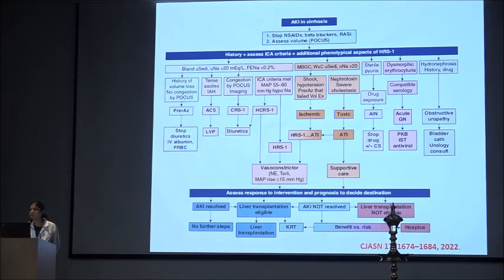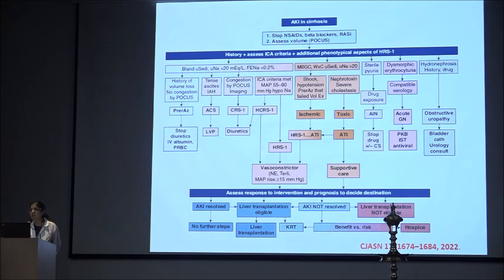We should assess the volume by POCUS, then go for a detailed history and examination, and rule out any hydronephrosis on ultrasound. If there is, we should go for a urology consult. If there are any dysmorphic RBCs, we should think of acute glomerulonephritis. We should go for a biopsy, then plan immunosuppression and antivirals depending upon the cause. If there is sterile pyuria, we should look for any drug exposure and stop the offending drugs.